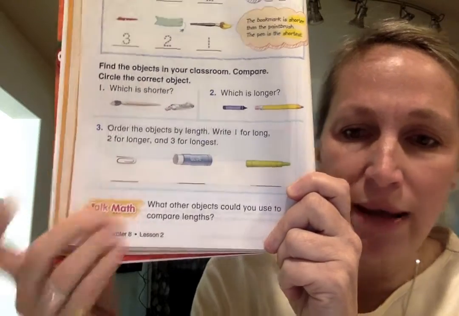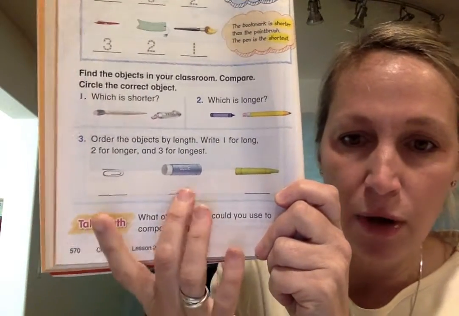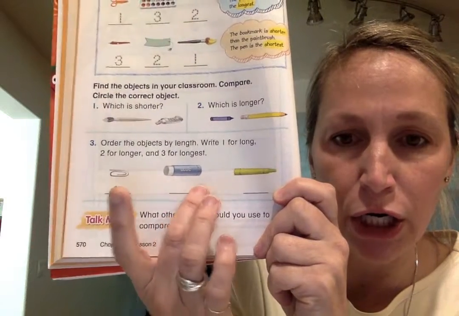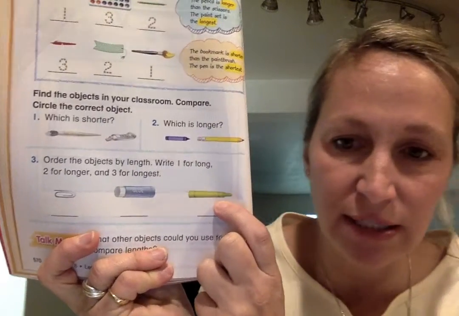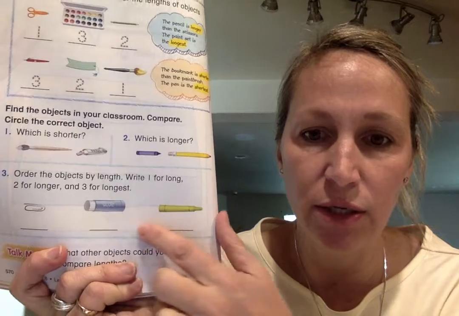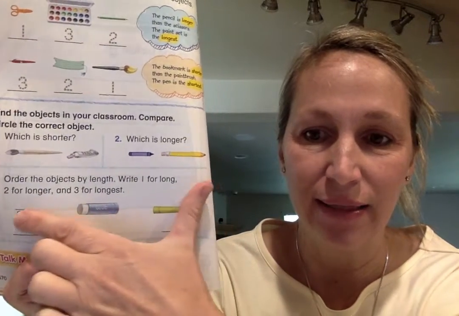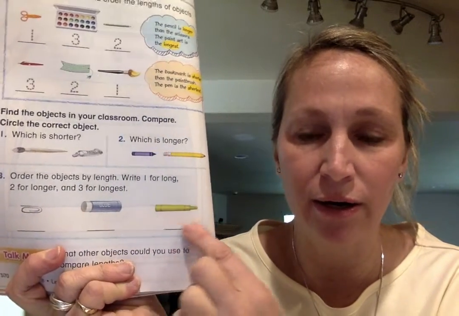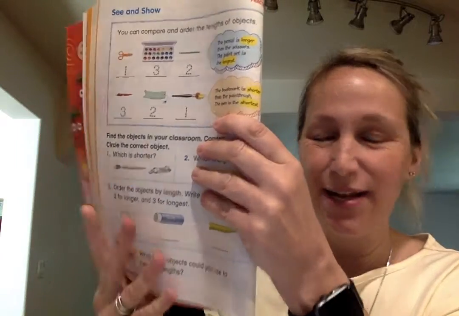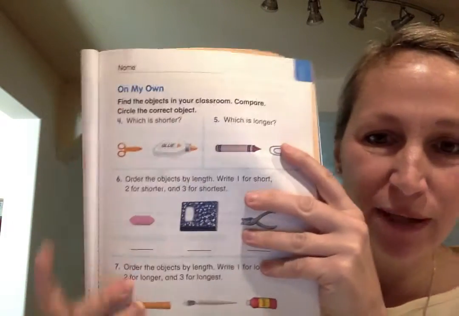We would write a 1 underneath the paper clip. Now, which is longer and which is longest? It looks like the crayon is just a little bit longer, so it would be 1, 2, and 3. Long, longer, longest.